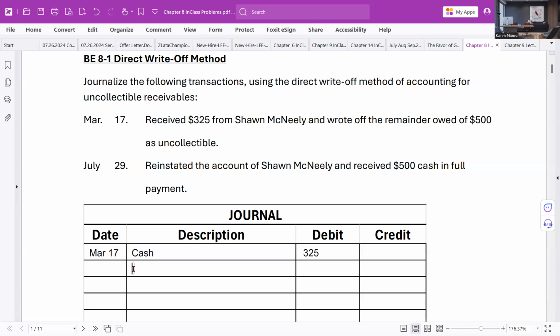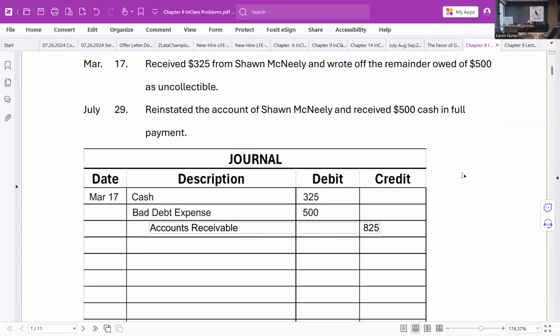The direct write-off method says when you determine that you have an amount that's uncollectible, you write it off. So bad debt expense for $500. And now we've got to remove that account receivable, $325. And that's a write-off of that account receivable using the direct write-off method.